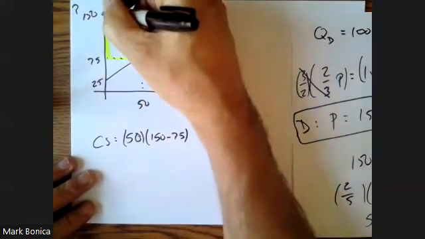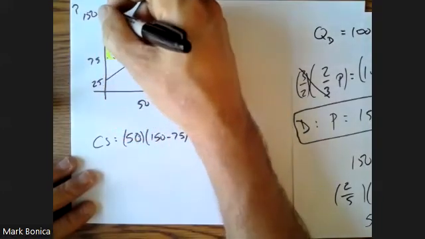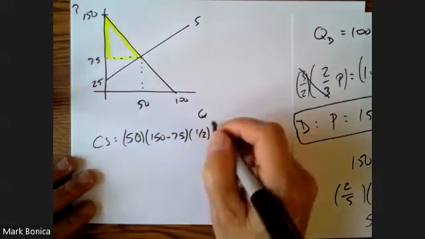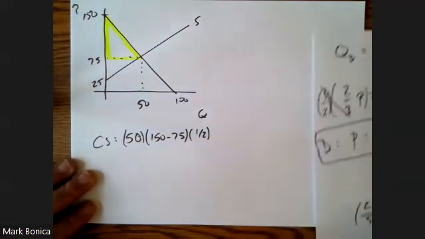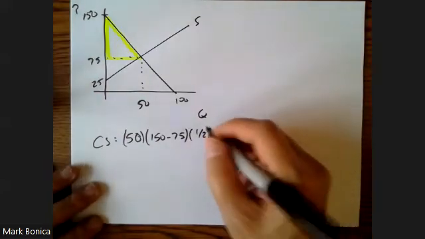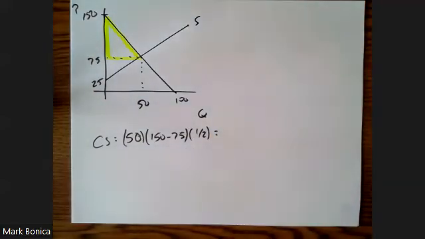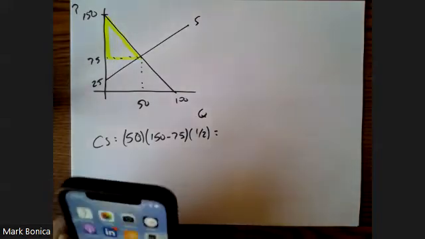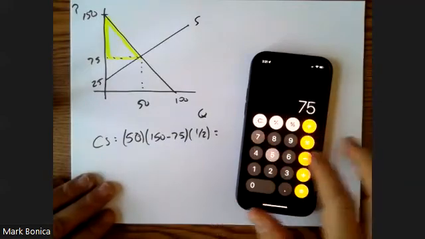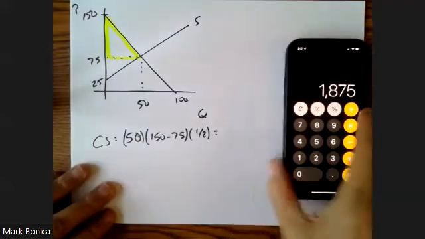A lot of people make the mistake of going up to the y-intercept and then they go all the way down to the origin, but really it's just down to the price line, which in this case is 75, times a half. So I need my calculator. So 150 minus 75 is 75, times 50 is 3750, divided by 2 is 1875.